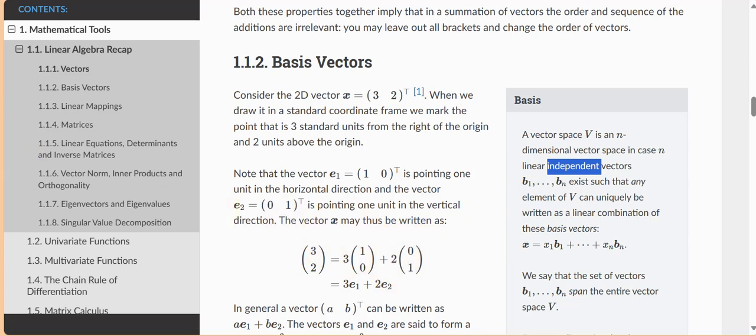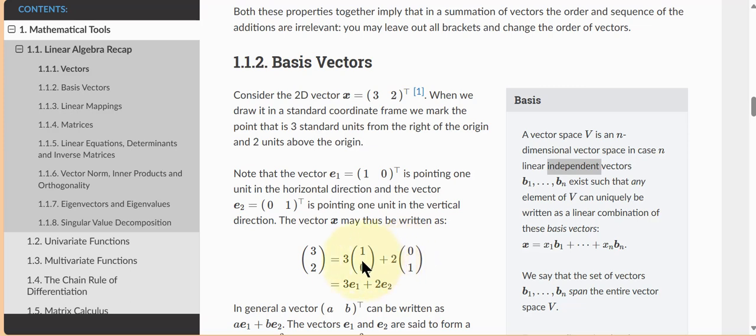Now, we didn't talk about what independent means yet, but in one sense we could say that none of them are parallel to any others, but that's not quite the best definition. But that's a kind of way of thinking of it. Basically it means that these two vectors are linearly independent if we can't write this one as a linear combination of this one, or in this case, as a scalar multiple of this one.